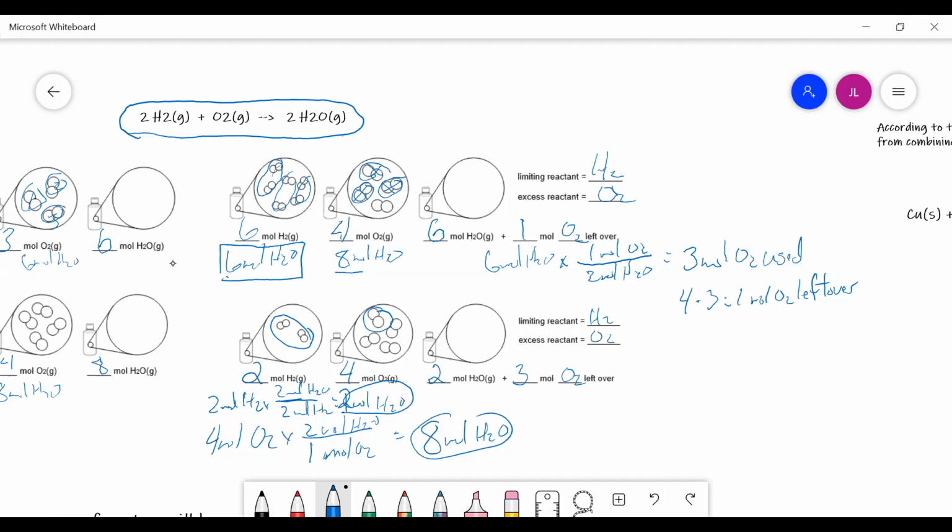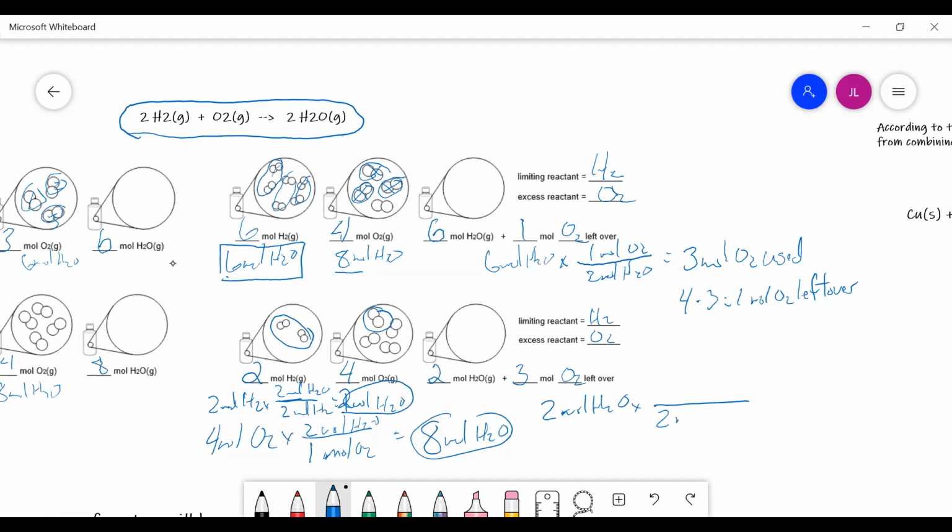If we started with 4, since we only made 2, we have 2 moles of H2O actually produced. How many moles of oxygen are we actually going to use?